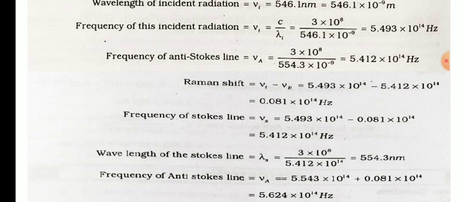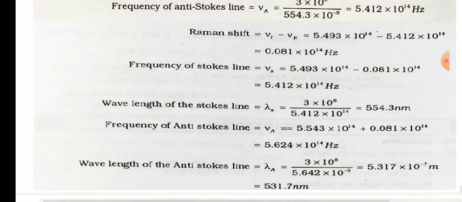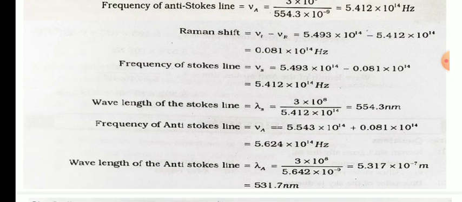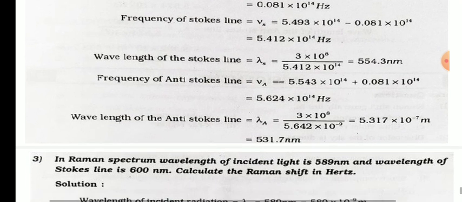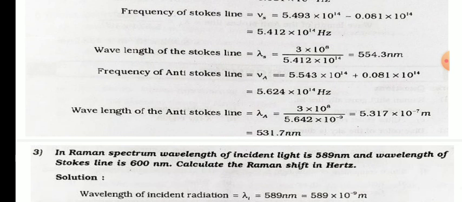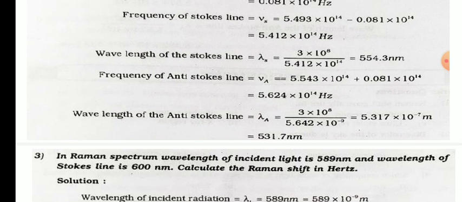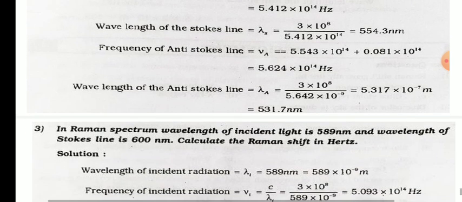Original frequency minus the Raman shift gives the frequency of the Stokes line, from which you can determine its wavelength, 554.3 nanometer. The frequency of the anti-Stokes line is the original frequency plus the Raman shift, which works out to be 5.624 into 10 raised to 14 hertz, and the wavelength of the anti-Stokes line is 531.7 nanometer.